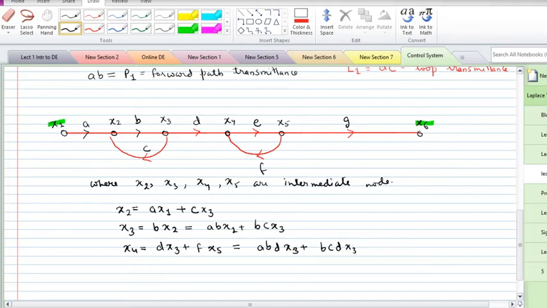No, this must be X1 here. Plus FX5. So in this way you can proceed and reach X5. X5 is EX4 and X6 is GX5.